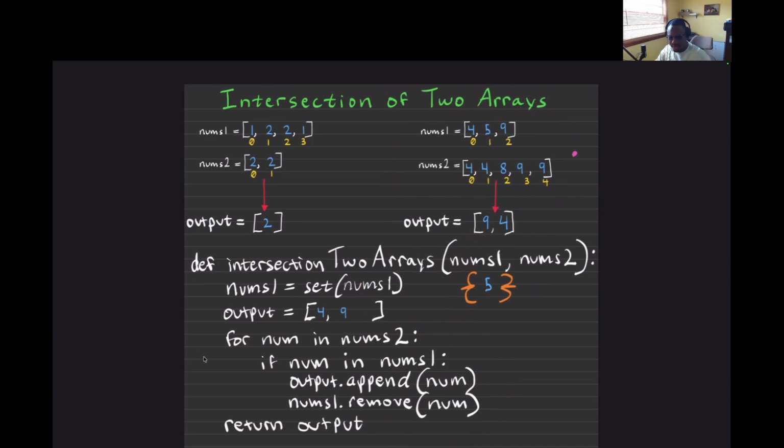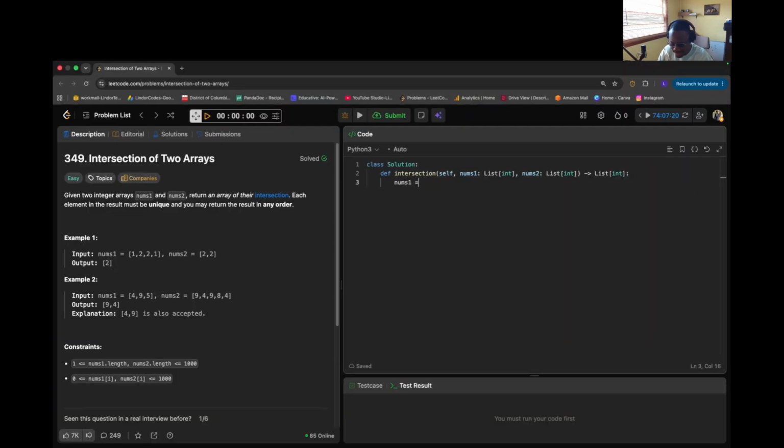So let's head on over to LeetCode, and let's go ahead and convert nums1 into a set. All right, and then we're going to create our output array that will be returning at the end. So we're going to iterate through nums2 now, and if the current num in nums2 is located inside of our nums1 set, we're going to go ahead and append that to our output.